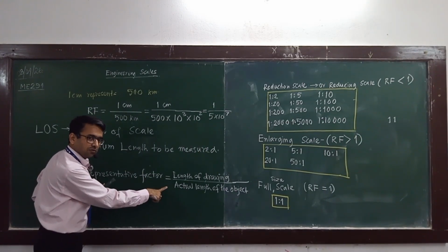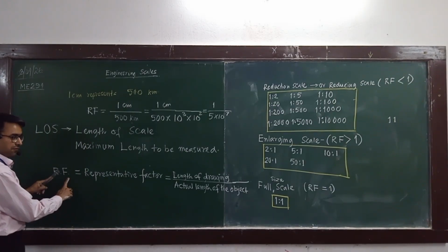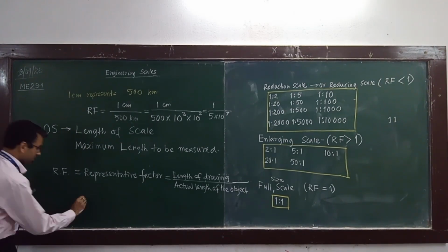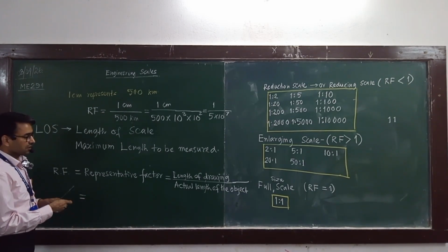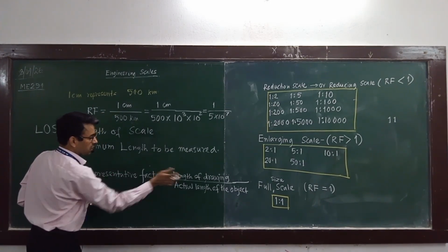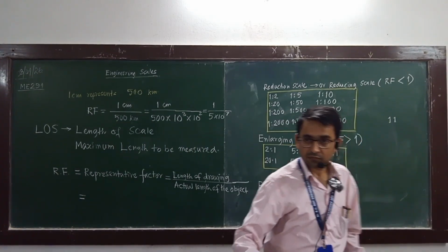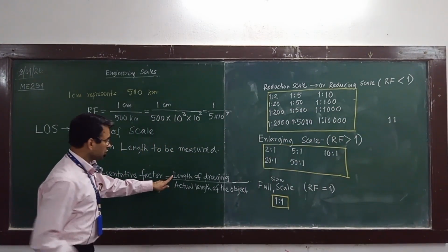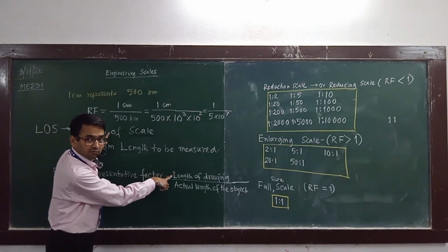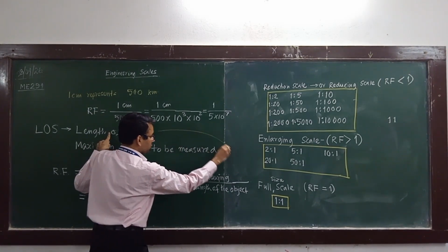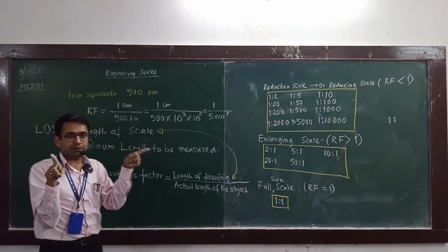This ratio, the RF, can be written as, which is what, can you tell? Which corresponds to what? Sir, length of scale is to maximum length. Length of the scale means basically drawing, because this is the scale that we will use.